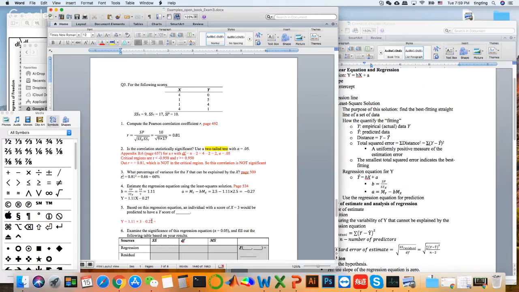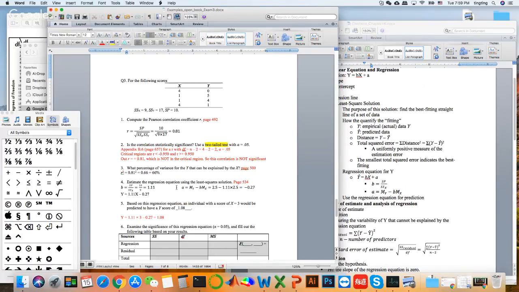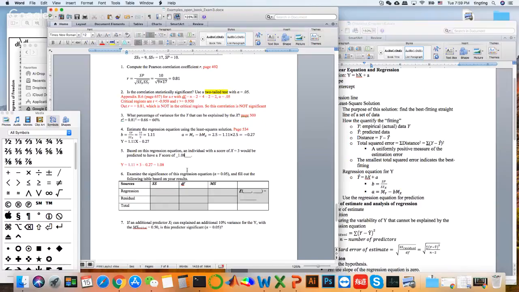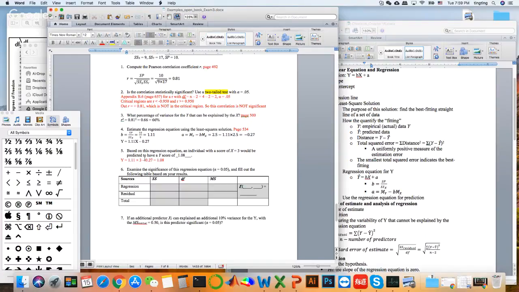Solve it, so the answer is 1.088. Okay. You can also find this one in your book.